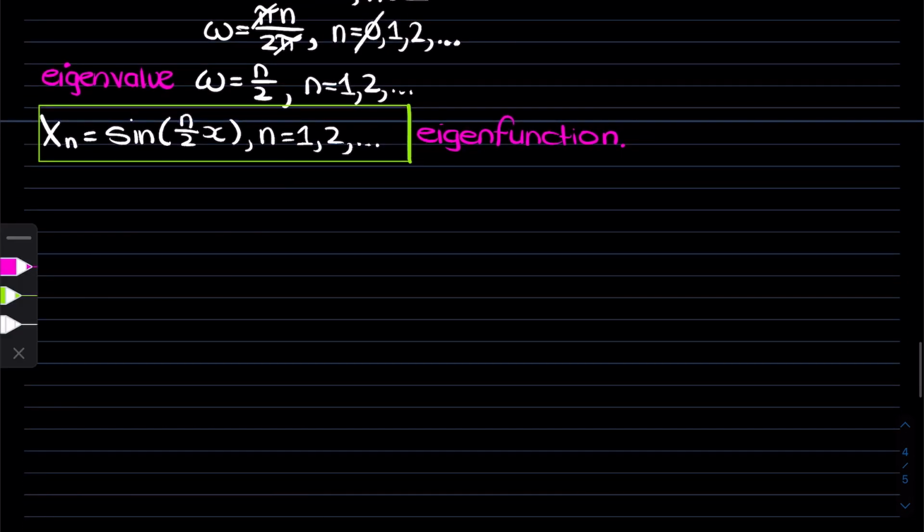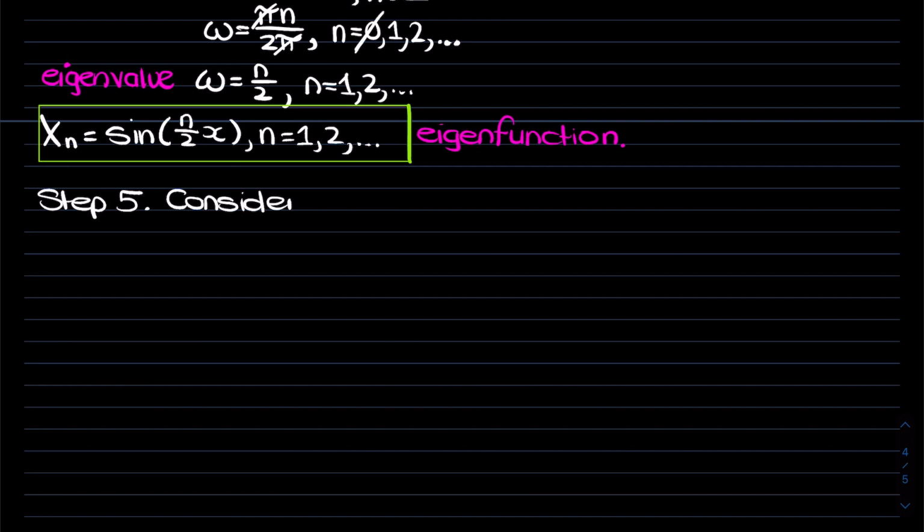Now, step 5. We want to consider the initial condition. Now, our initial condition is non-homogeneous, so there's not a whole lot we can do with it right now, but we just want to get the form that the solution takes.